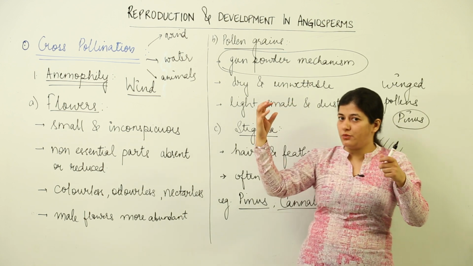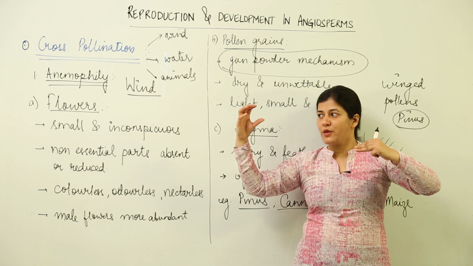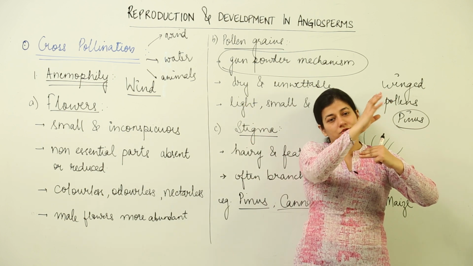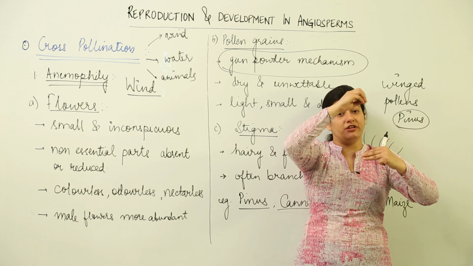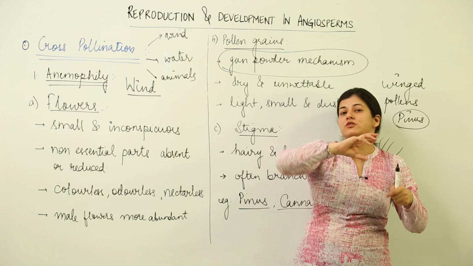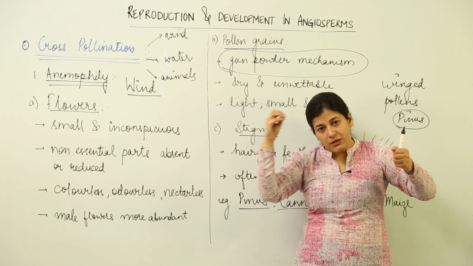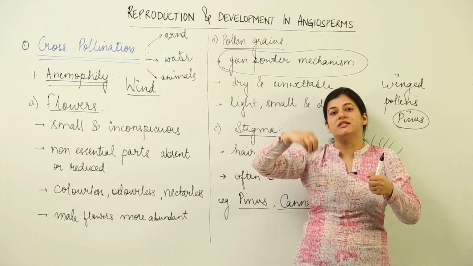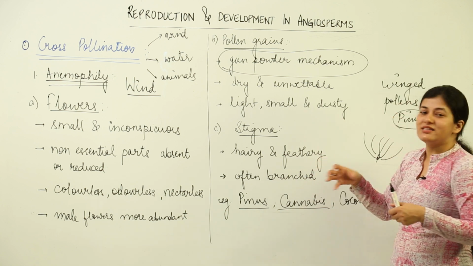Suppose a winged pollen is coming over here and it happens to pass this part, that is the stigma, and goes away from here, this would be wasteful. But if I have such an arrangement that I have 7 to 8 stigmas over here, so the winged pollen is coming, and because of the cluttered arrangement of the female part, the pollen would come and settle down on one or other stigma, and that would make the process less wasteful.